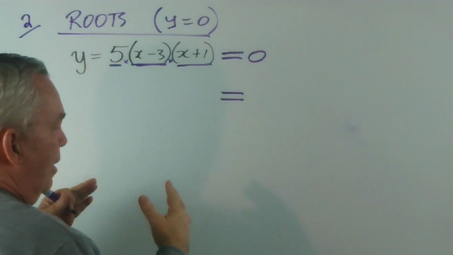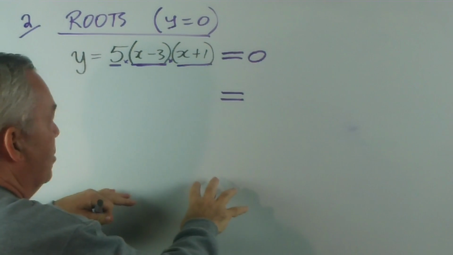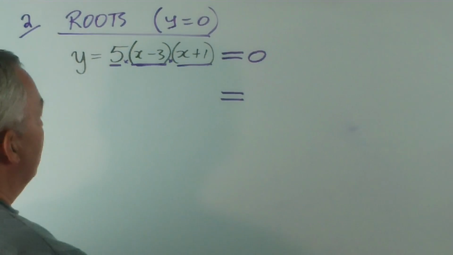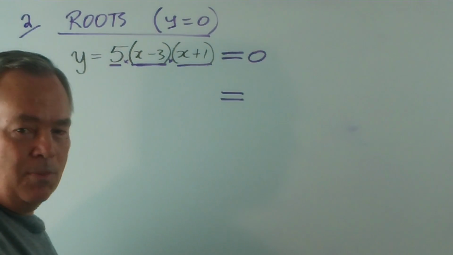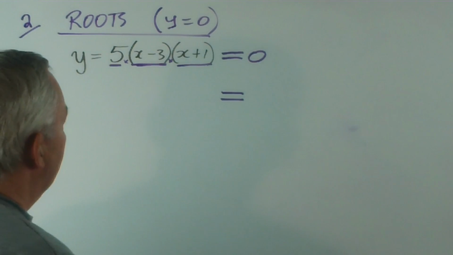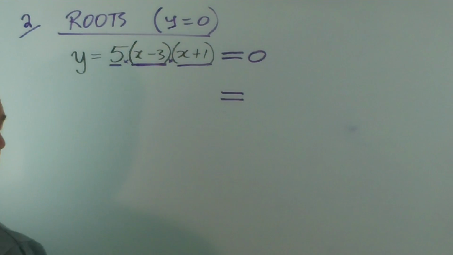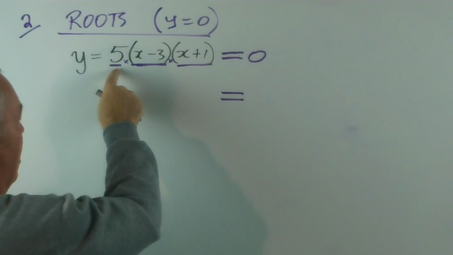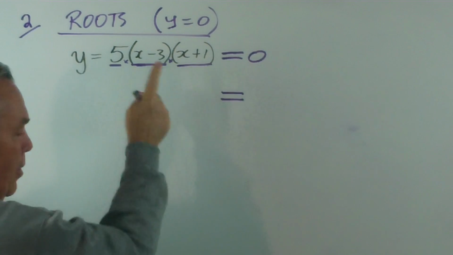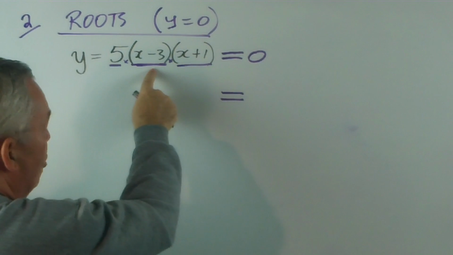Now, I'm going to work down the bottom to show you the full way of solving this, and then up here I'll show you the way that most mathematicians and most students are taught to do it, or like to do it. The full way to solve this is we could write 5 is not equal to 0, that's a bit obvious. But this could be 0.